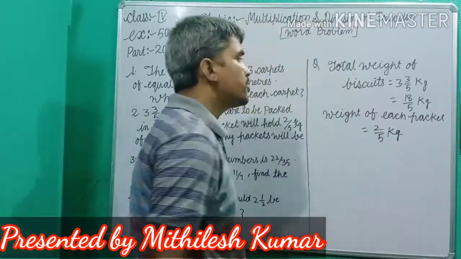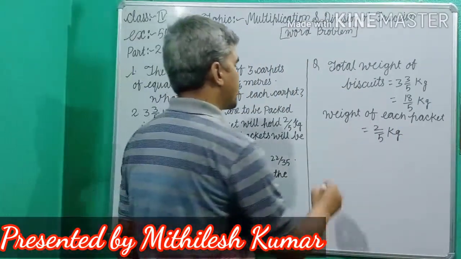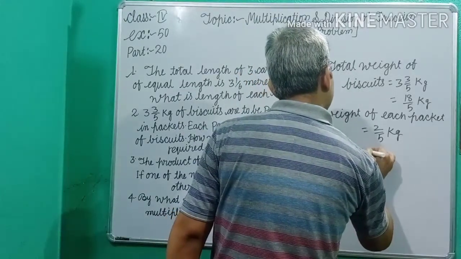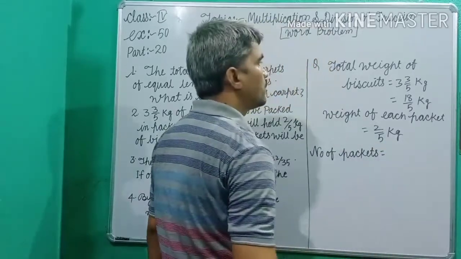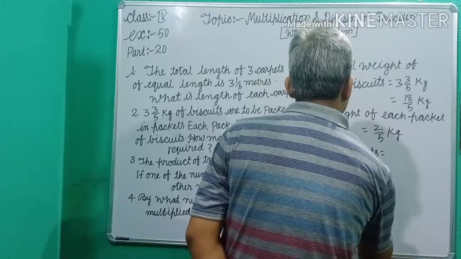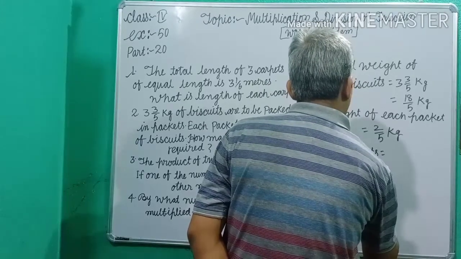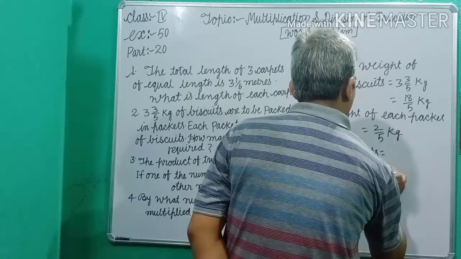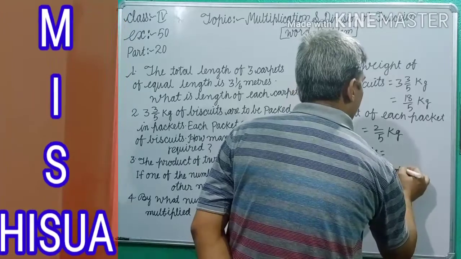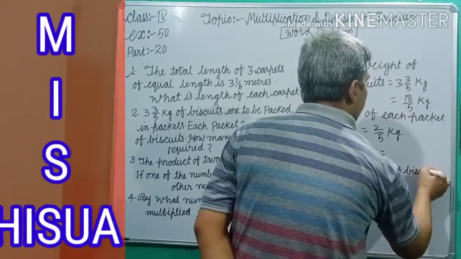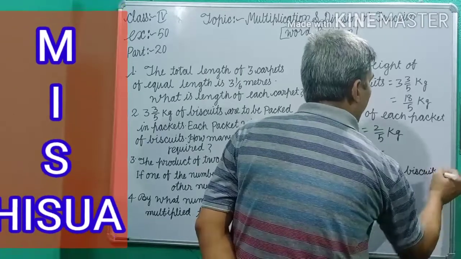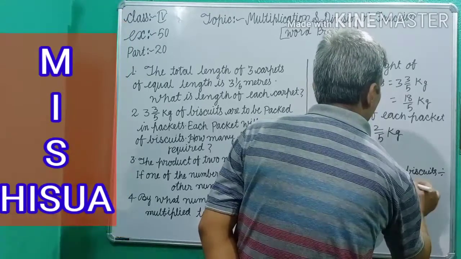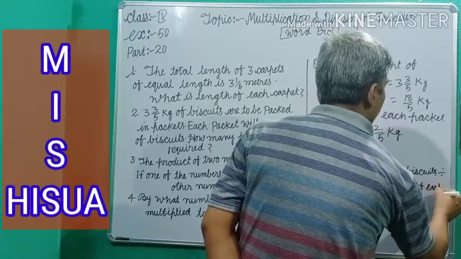Now, dear students, you find out the number of packets. Number of packets is equal to total weight of biscuits divided by weight of each packet.